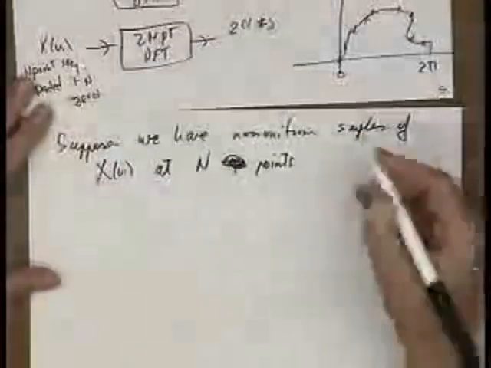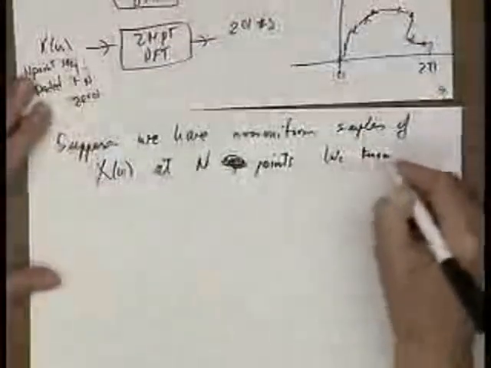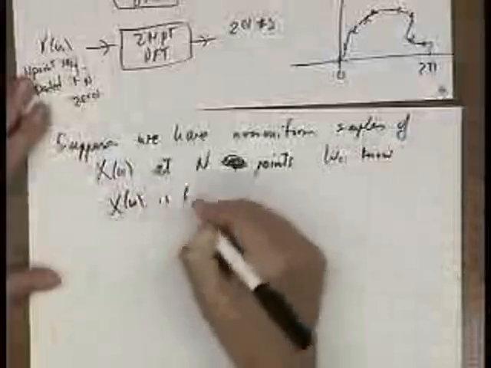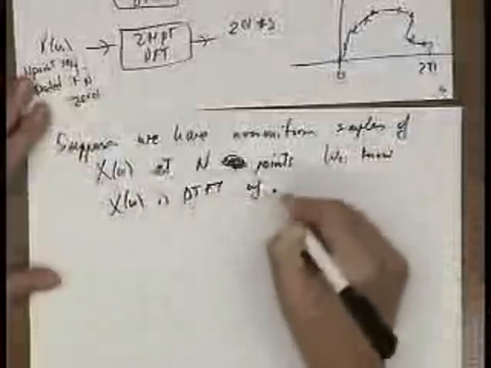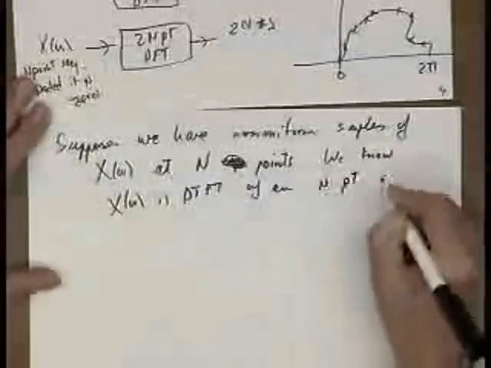And suppose we know that X of omega is the DTFT of an n-point sequence. Then can I recover x of n? And the answer is yes, by solving a linear system of equations.